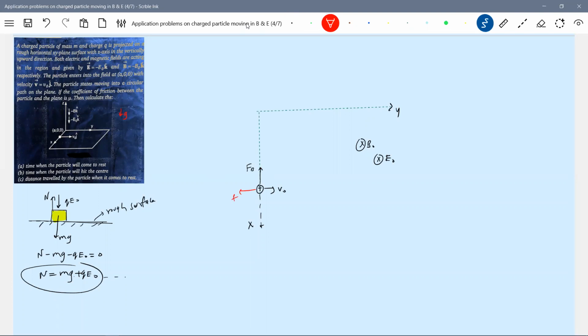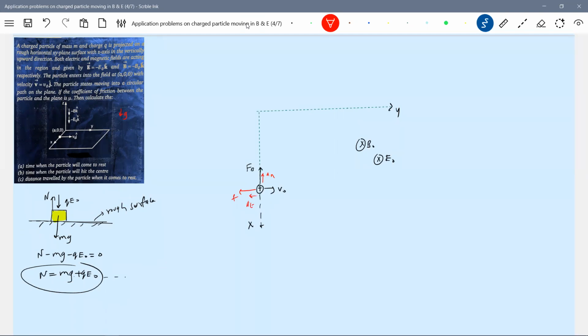Now tell me, what will happen to the particle? Friction is a resistive, dissipative force, so the speed of the particle will keep on decreasing. The magnetic force will provide the required centripetal force, and the friction will retard the motion.